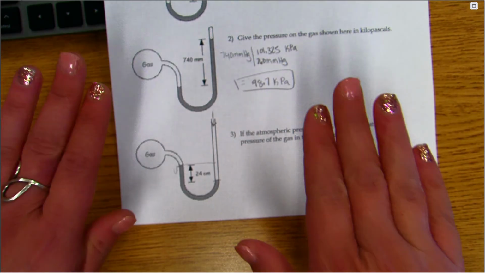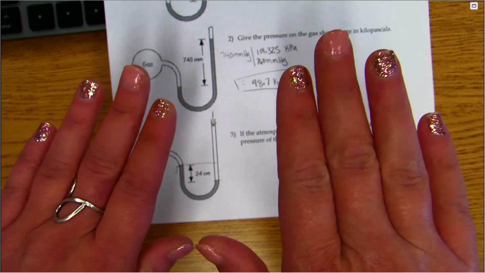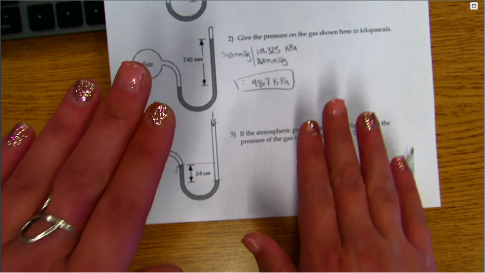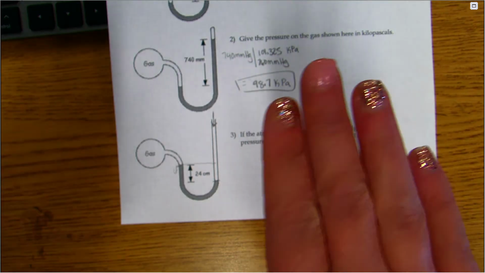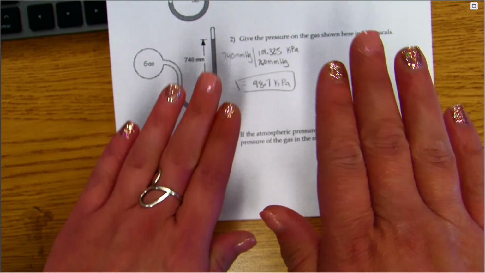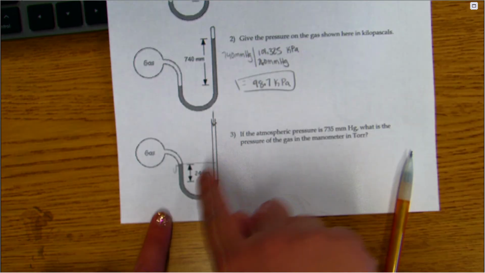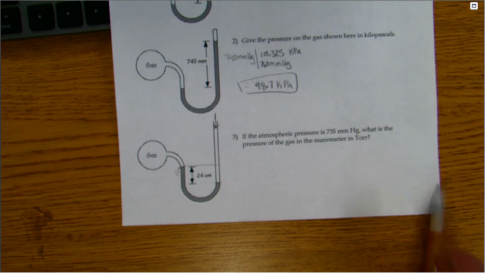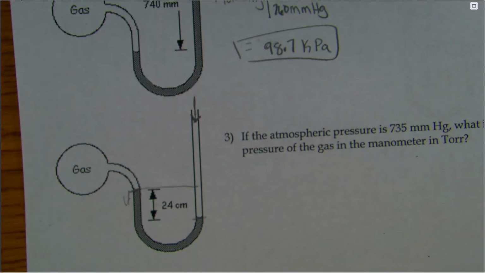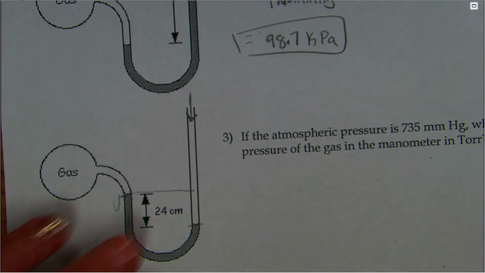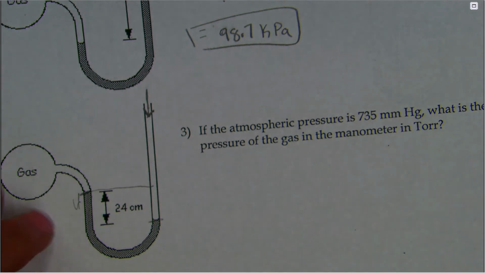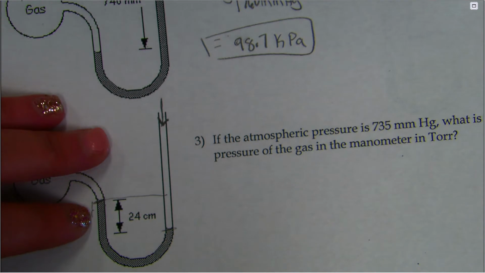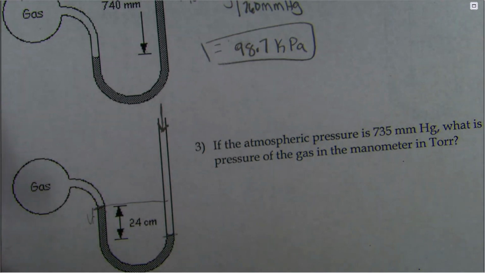So I have the gas and I have the atmosphere. When the atmosphere is pushing greater, my gas is going up. If the gas was greater, the atmosphere line would be higher. Okay? So we are going to solve for this.